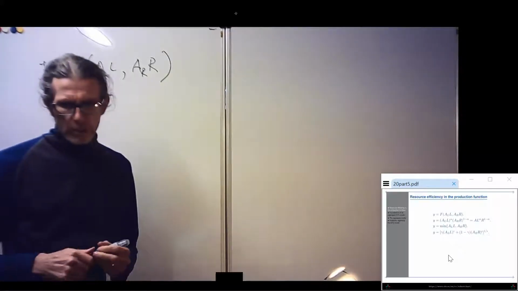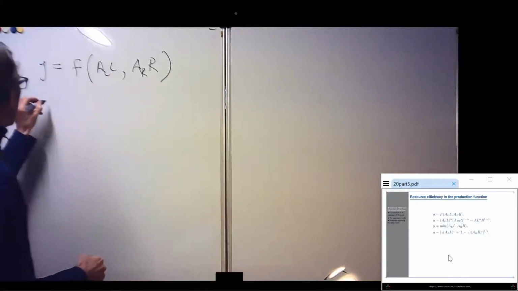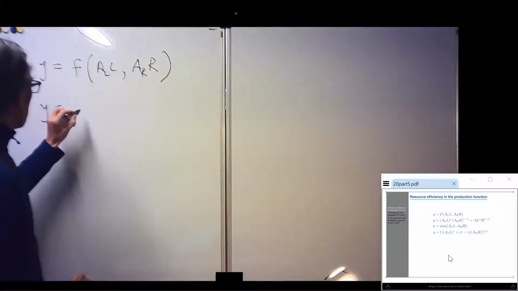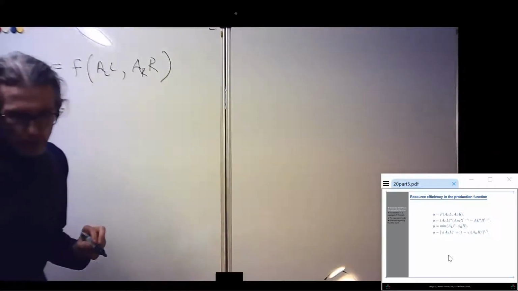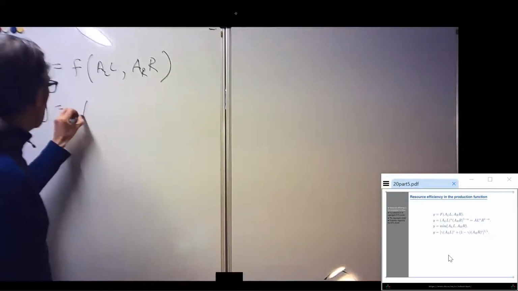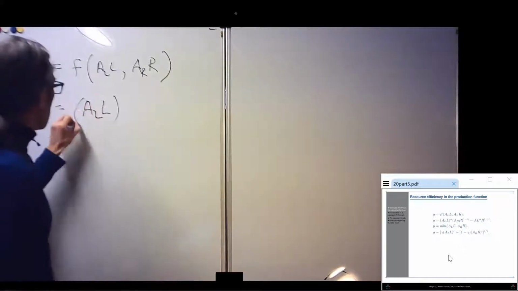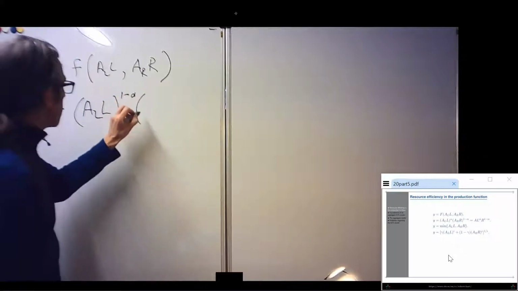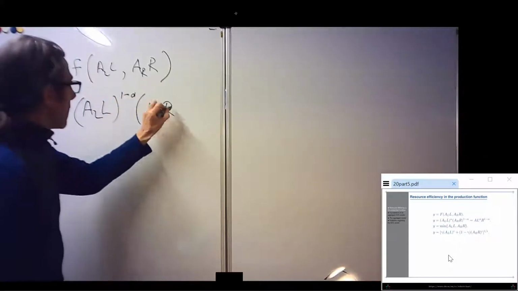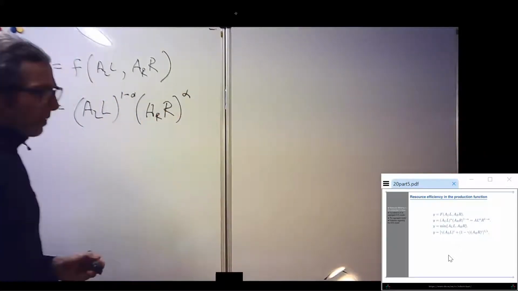So how might we choose to specify it? One way would be as a Cobb-Douglas. So a very general Cobb-Douglas would be ALL to the 1 minus alpha, ARR to the alpha.